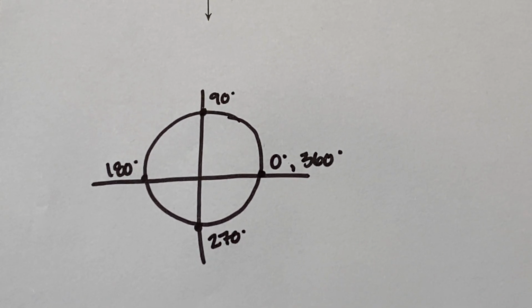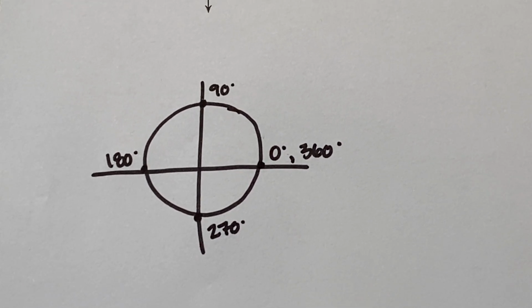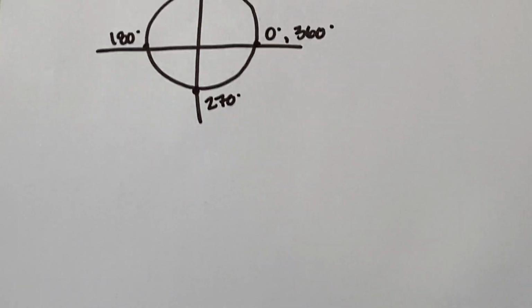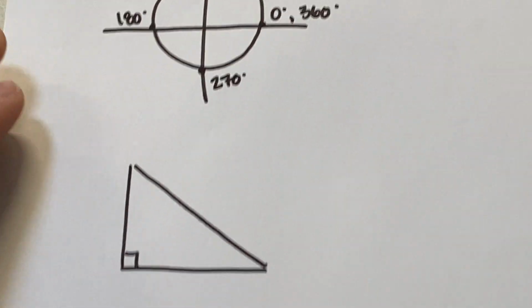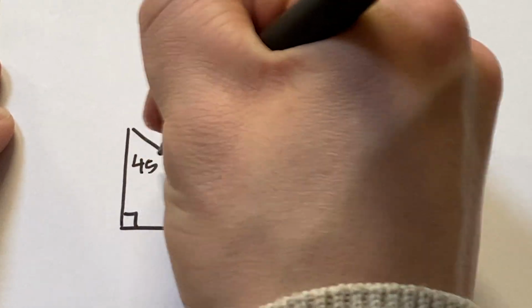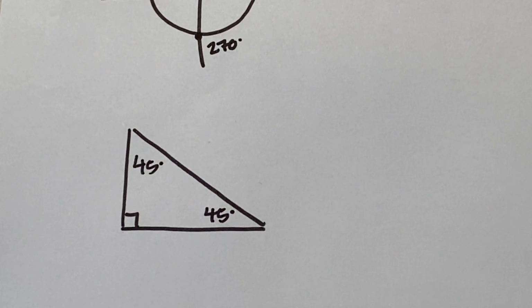Now, a couple things we need to remember from last unit. You guys remember our special right triangles? Okay, good. Let's go ahead and review them. Remember, we have at least talked about 2 different special right triangles. Okay, give yourself a right triangle. Our first one is our 45, 45, 90.